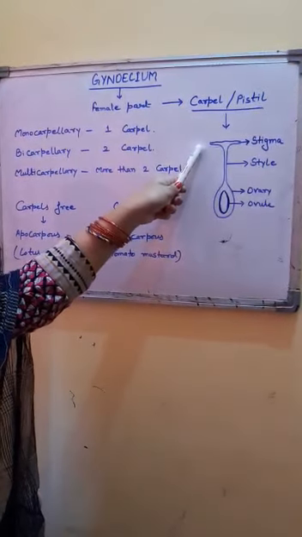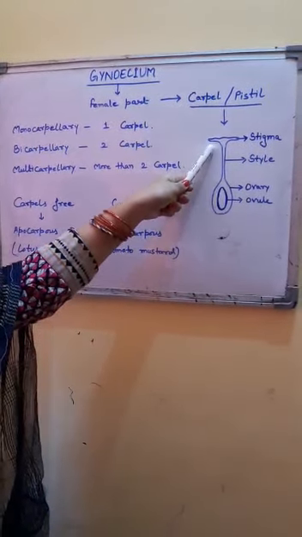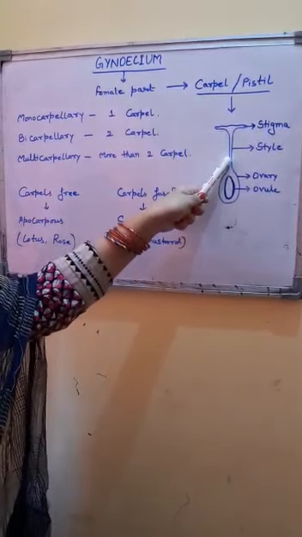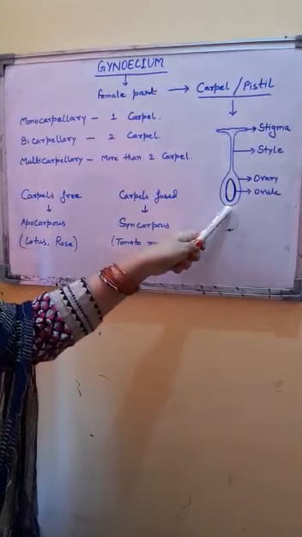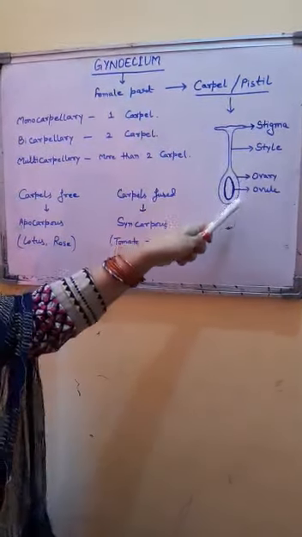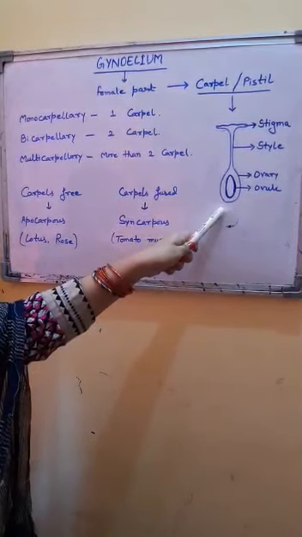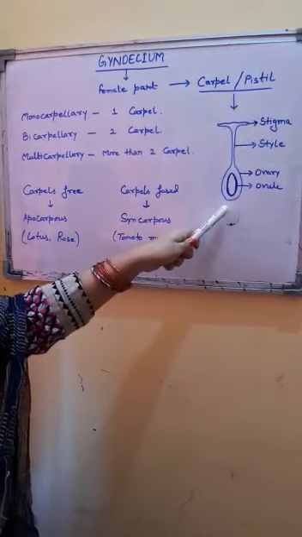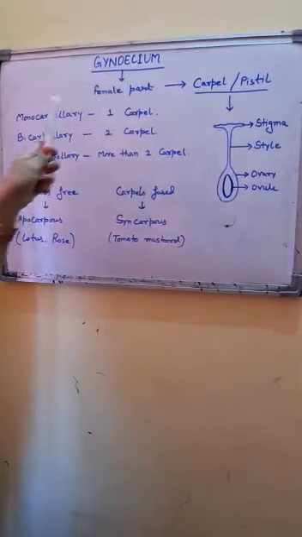The upper flattened part called stigma, the middle elongated tubular structure called style, and the basal swollen part called ovary, which contains ovule inside it. A carpel or pistil may be present singly in the flower.